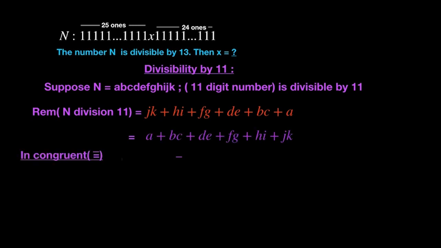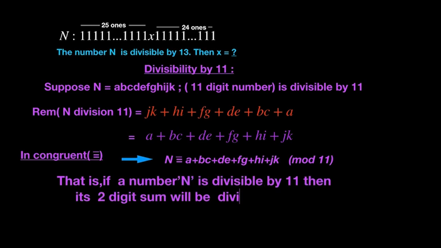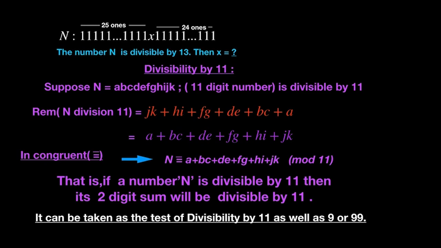That is why in congruence also we may write n is congruent to the sum of 2-digit blocks modulo 11. That is, if a number n is divisible by 11, then its 2-digit sum will be divisible by 11, and it can be taken as the test of divisibility by 11 as well as 9 or 99.